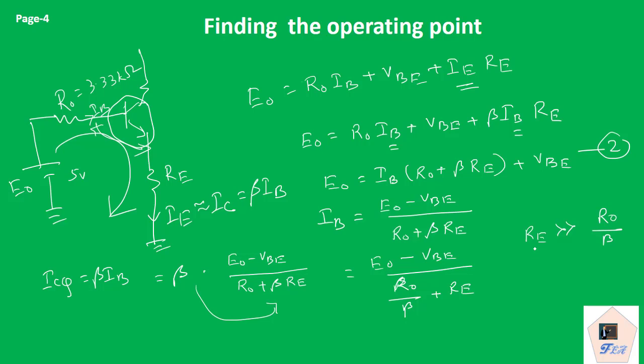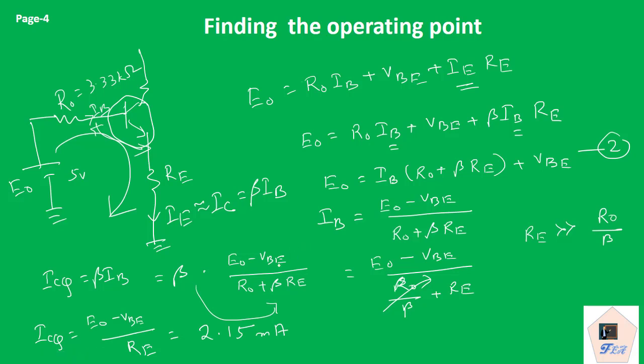In that case, we can ignore this value and we can write ICQ is equal to E naught minus VBE divided by RE. Now if you substitute all these values, you can get the answer as 2.15 milliampere. This is the value of collector current for finding the operating point.